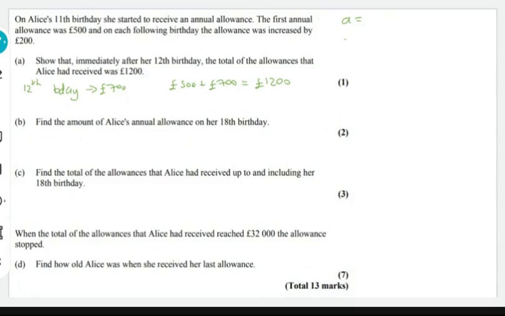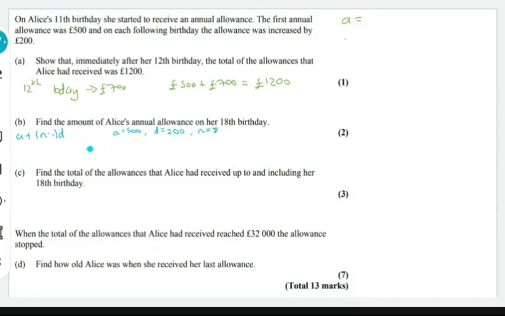Okay, well, let's see. Find the amount of Alice's annual allowance on her 18th. Nothing about total. So the nth term is just A plus n minus 1 D. In particular, A we know is equal to 500, D is equal to 200, and for this particular question, n is equal to 8.